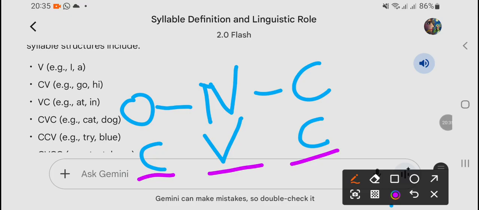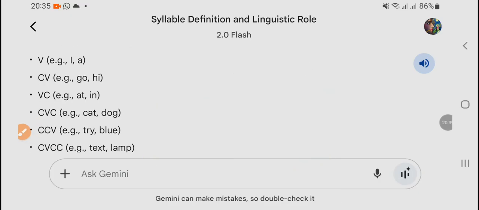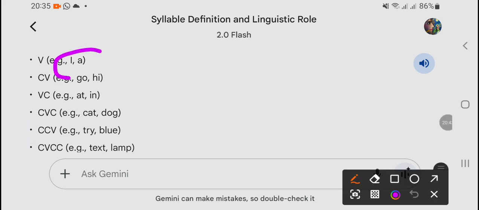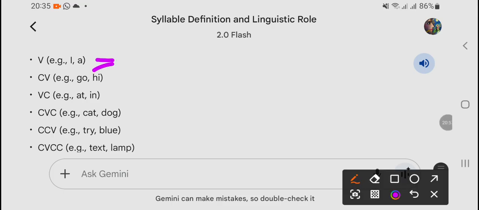Different words have different structures. V, for example: V is the word "eye", right? Then CV. Okay, they have given the example "I".